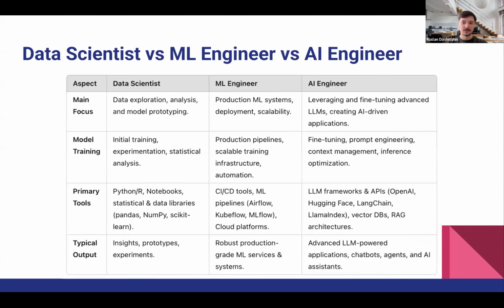And what is the main difference between the AI engineer and other AI/ML related roles? We compare here data scientist versus ML engineer and AI engineer. If we talk about data scientists, their main focus is to explore data, find patterns in data, make analysis, and prototype the base ML model that solves some kind of product or business problem.